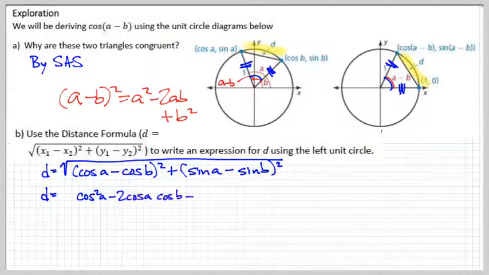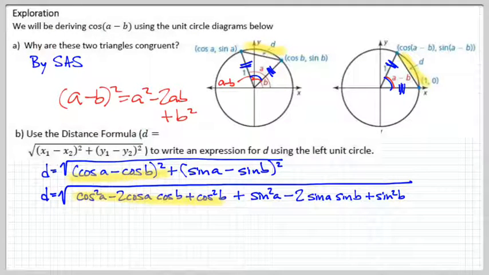So as we write this out, here's the expansion of the first piece. We have cosine A minus cosine B squared here. That expands to this. Then we're going to expand the sine A minus sine B squared the same way. Now, this is where it's interesting. We have some nice things here. Notice that these two pieces here, cosine squared A plus sine squared A, that's 1.